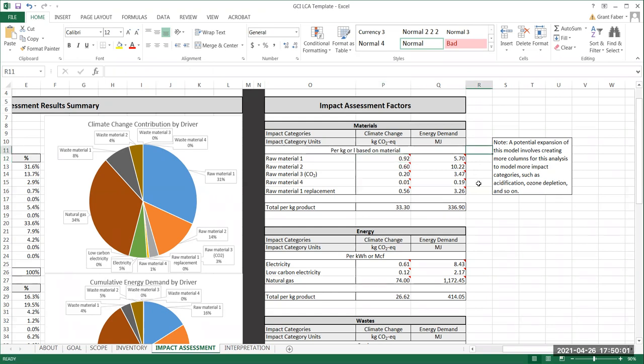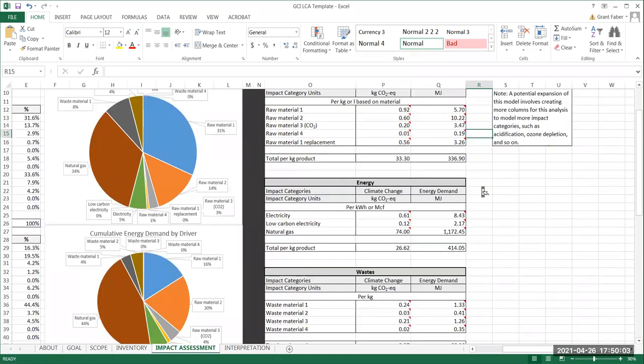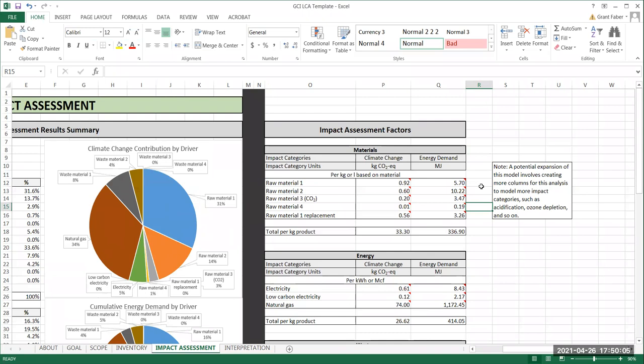And essentially what's going on here is that we have these factors that are pulled from databases that represent, for example, the kilograms of CO2 equivalent per, say, kilogram of raw material one.